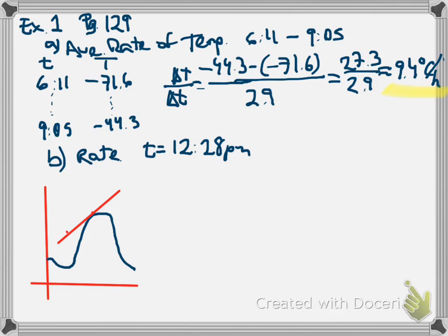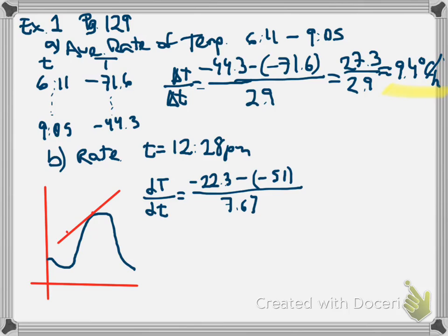So in this case it will be dT over dt, the change in temperature over the change in time, which is the slope of that tangent line. And the temperature was negative 22.3, more or less reading the graph, minus negative 51, all that over 7.67.